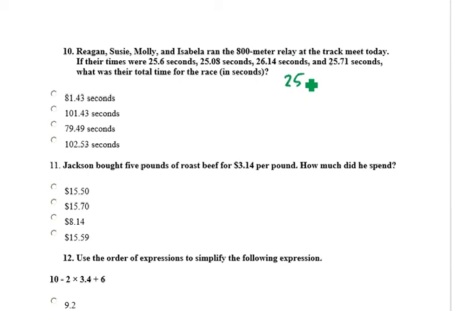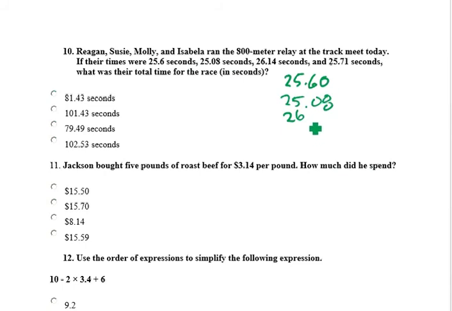25.60. And remember, when we add decimal numbers, we line up the decimal. Not when we multiply, only when we add. And I just put a 0 on after the 6 as a placeholder.